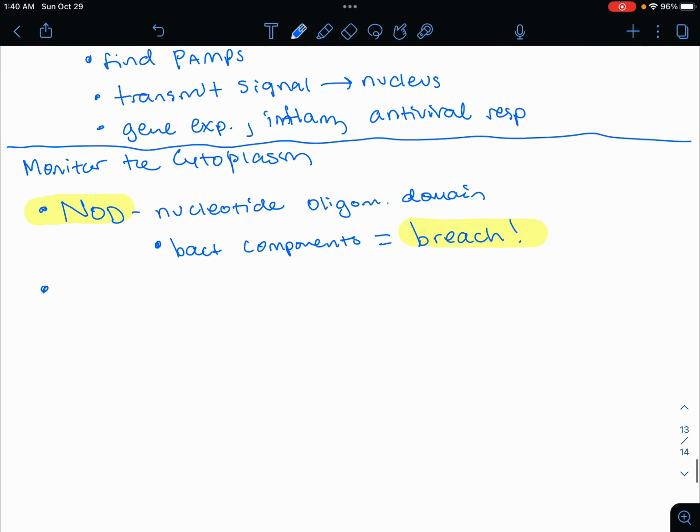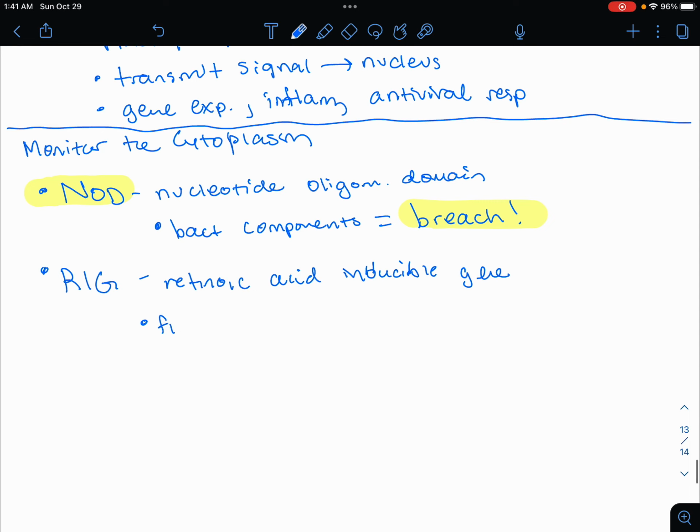Okay, RIG, also known as retinoic acid inducible gene cytoplasmic proteins. They're going to find viral RNA for an alert that again says breach.